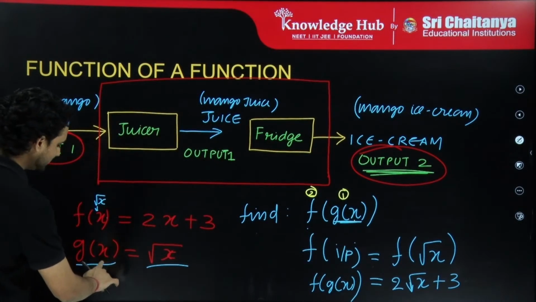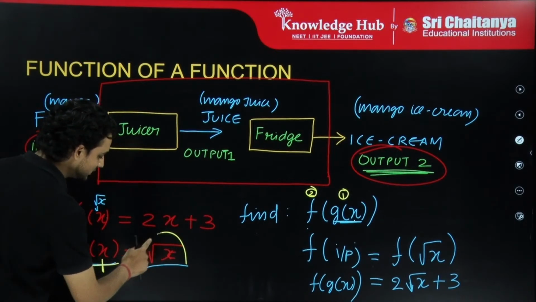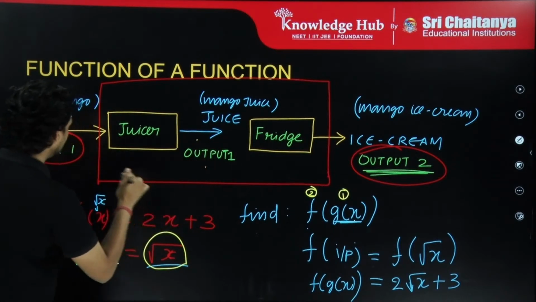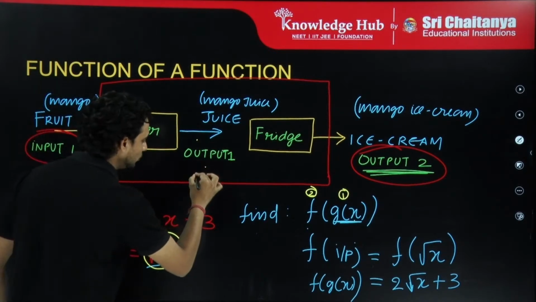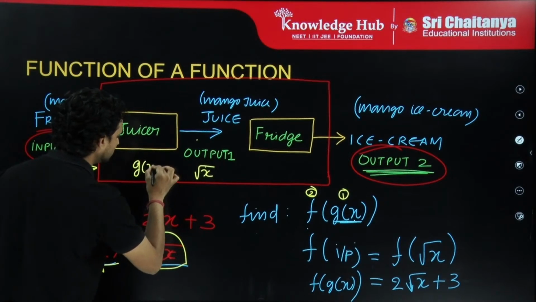It takes x as an input and the output will be g(x), right? So this is basically g(x), that is root x. So as an input I gave x, the output is root x, right? This is my function g(x).